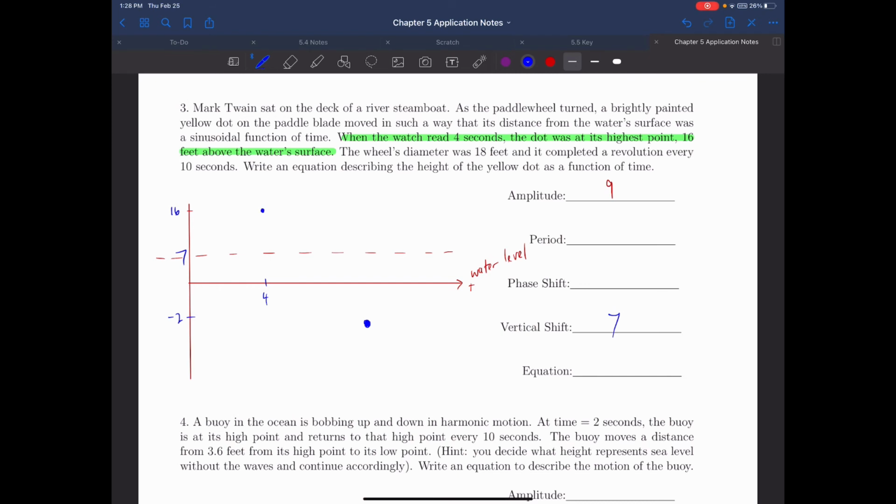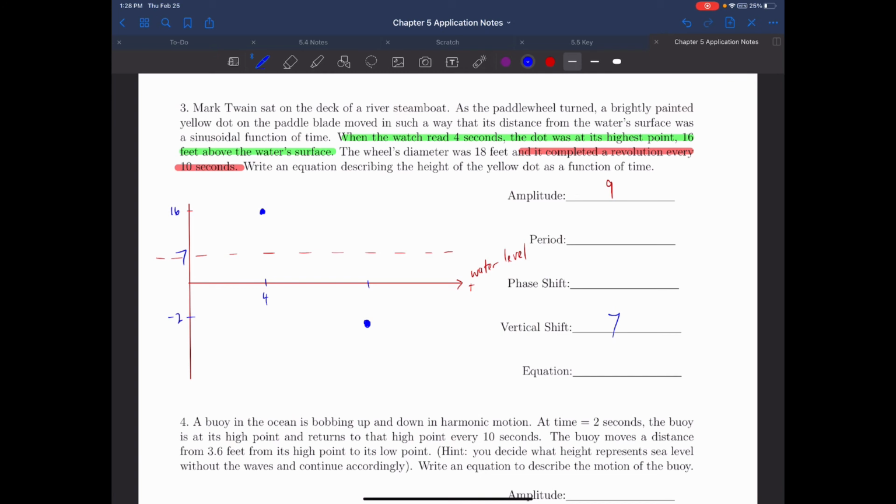Okay, and then we go to the rest of that sentence where it says it completed a revolution every 10 seconds. So this thing needs to complete a cycle every 10 seconds. So between the peak and the low point of your function, that's half the period.